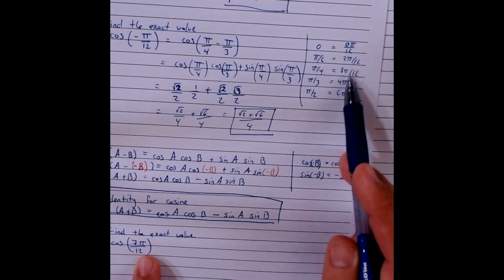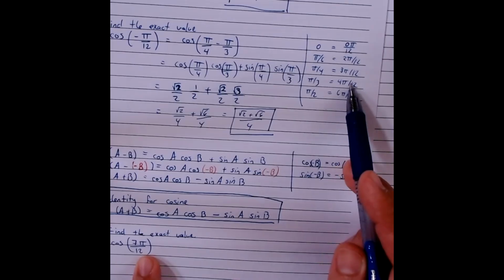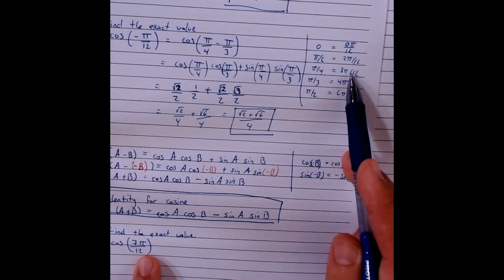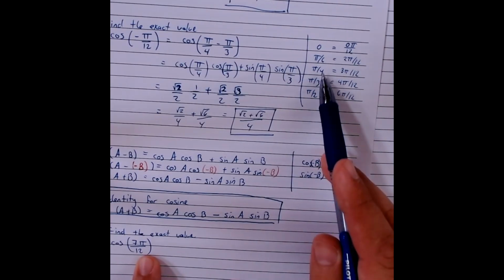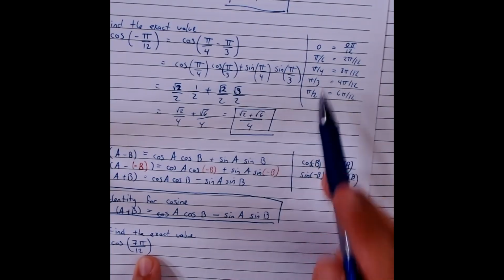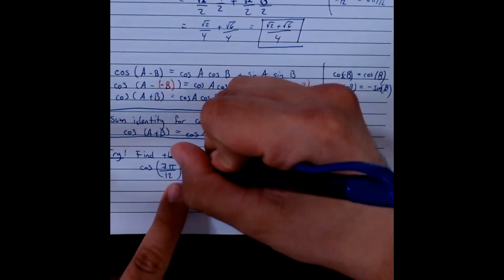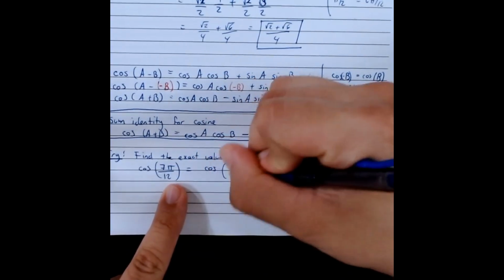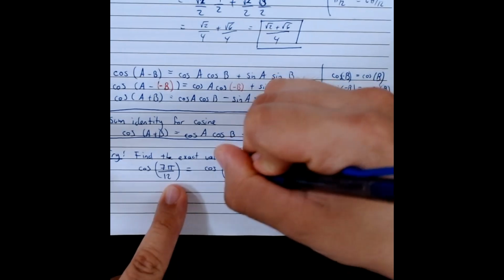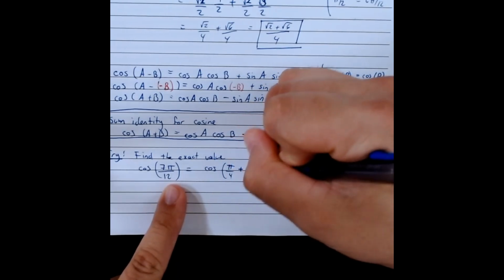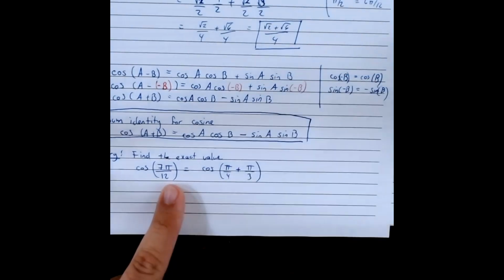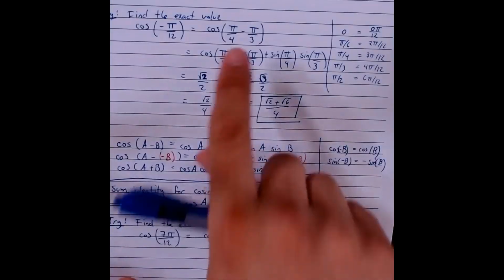Well, it looks like these two right here. 3 pi over 12 plus 4 pi over 12, that'll be 7 pi over 12. So what I'm doing is I'm adding these two numbers, pi over 4 and pi over 3. Okay, so that's going to give me the cosine of pi over 4 plus pi over 3.